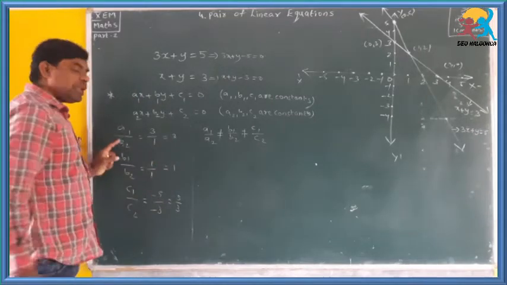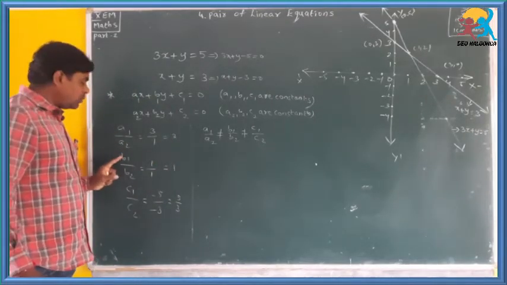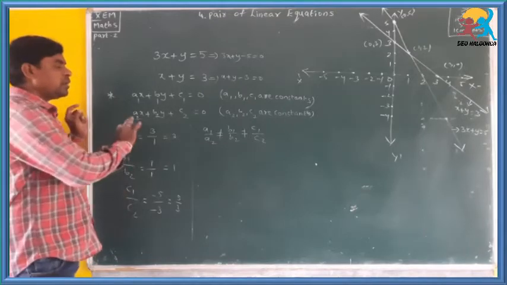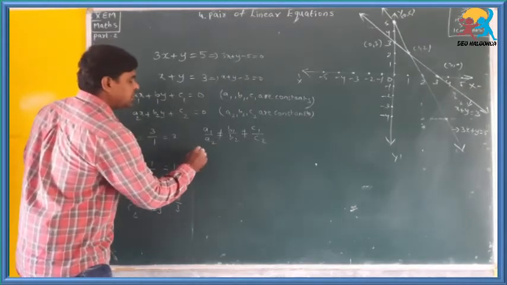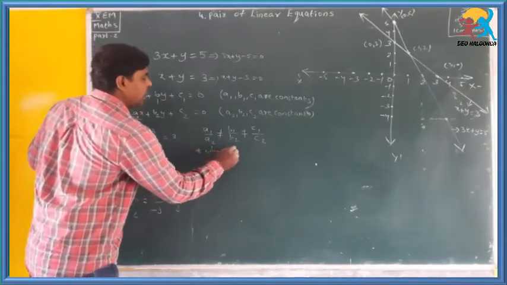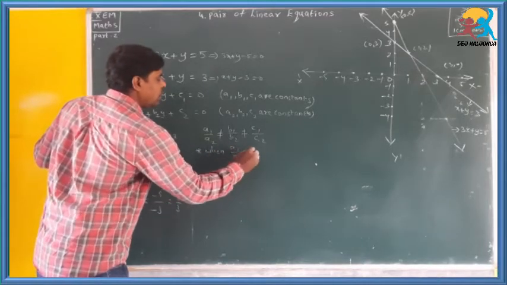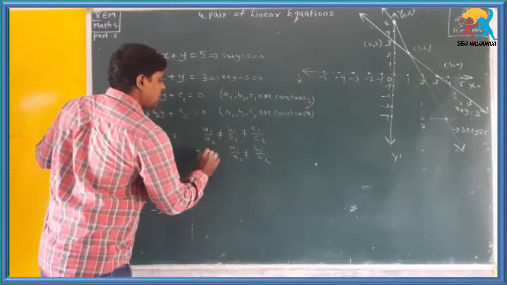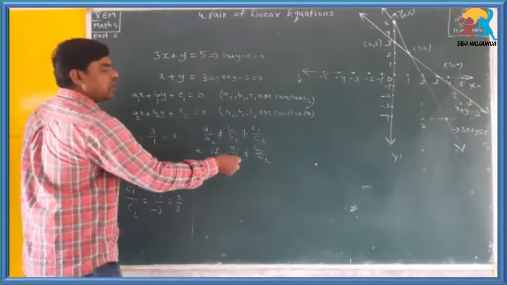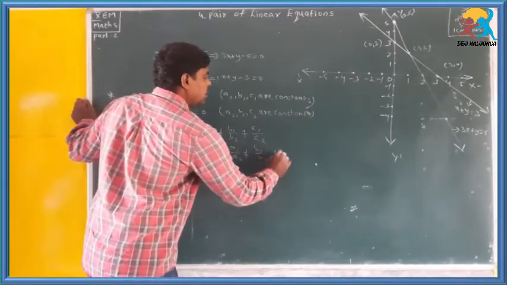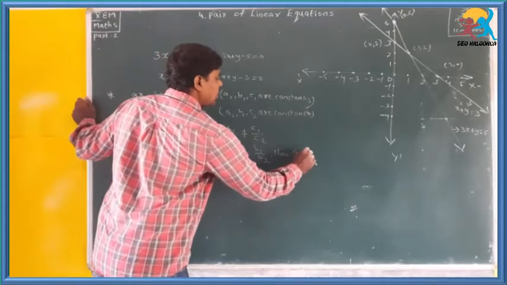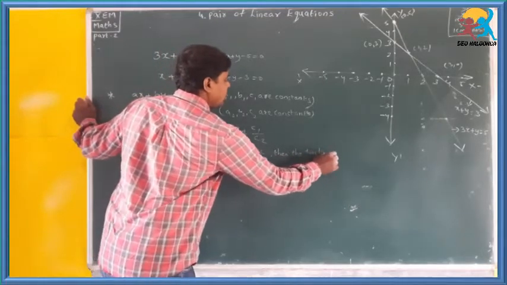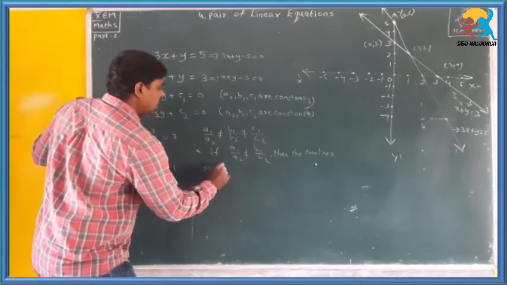When a1 by a2 is not equal to b1 by b2, then the two lines are called intersecting lines. If a1 by a2 is not equal to b1 by b2, then the two lines are intersecting lines.